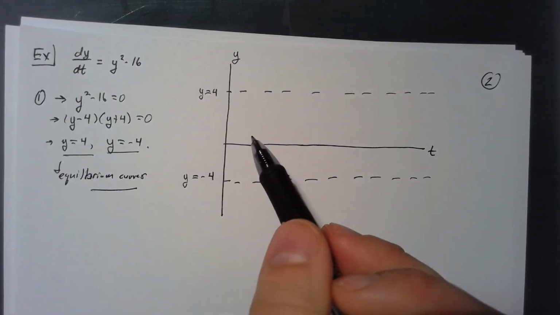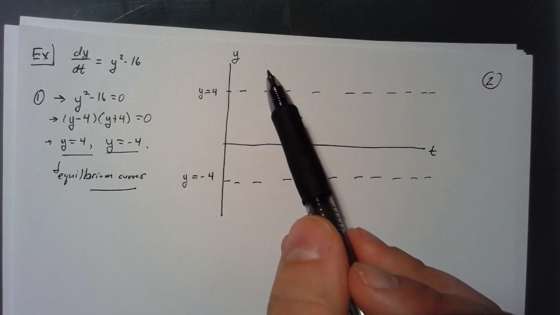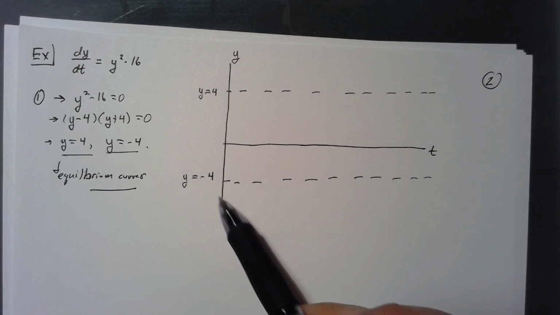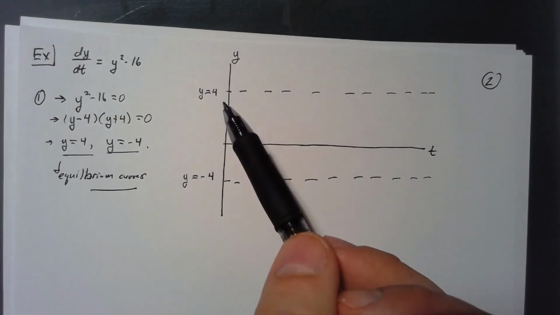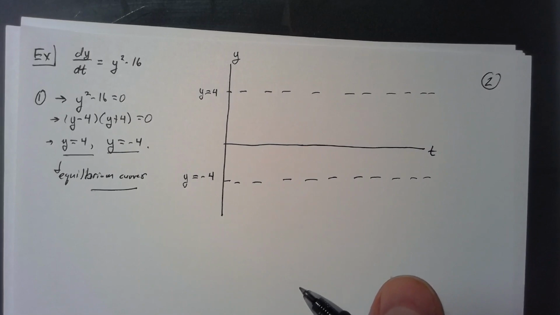Alright, so now to determine the behavior outside of the equilibrium points, I have to look at the slope up here, in between these two, and below this one. So just pick values. What's a value that's greater than 4? It doesn't matter.